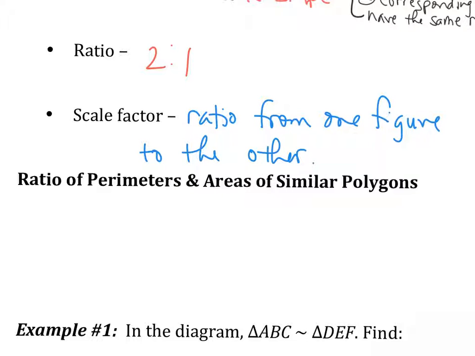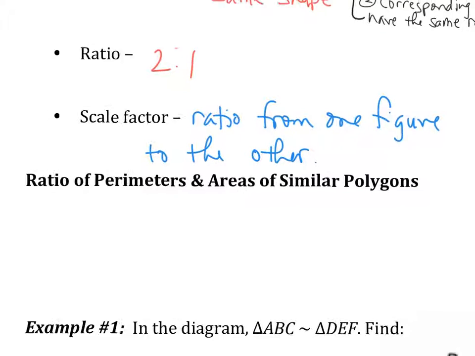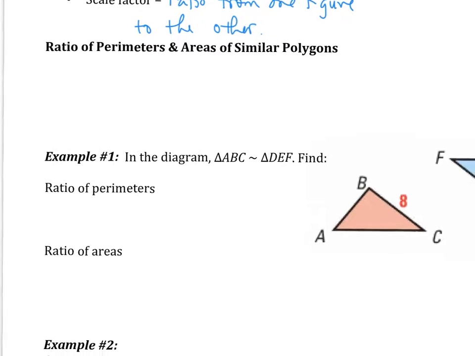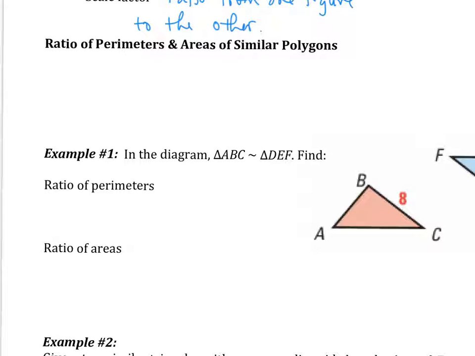So if the ratio of the sides is 2 to 1, then the ratio of the heights is 2 to 1. Okay? So all the pieces of the figures have the same ratio, and that's called your scale factor. All right, so we're going to add on to this as we go through, okay?